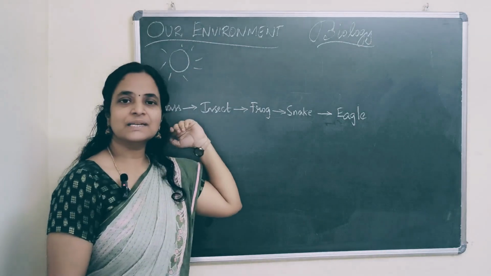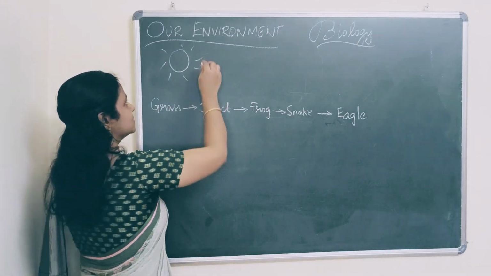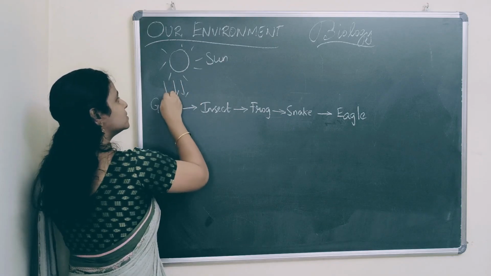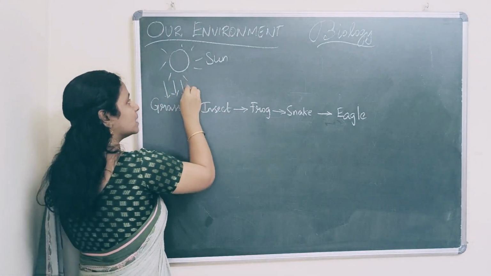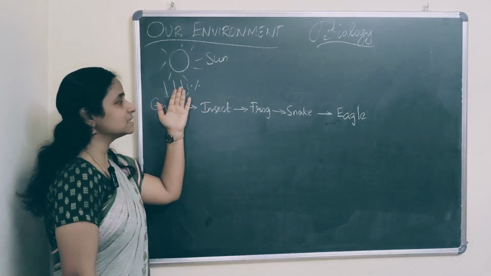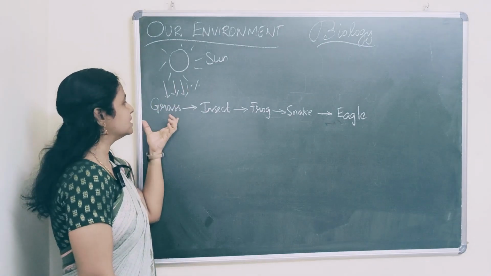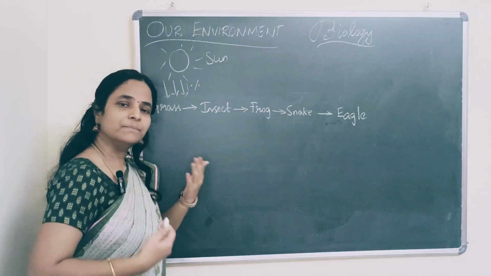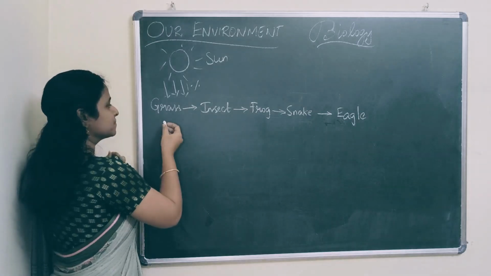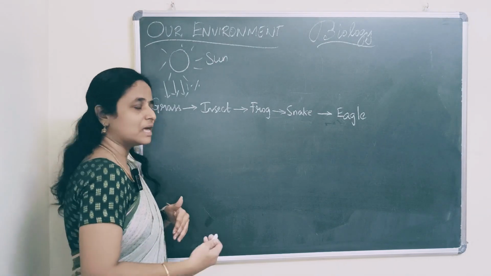Which is called the ultimate source of energy? Sun. So from the sun, the plants will take up only 1% of energy. Using this 1% of energy, the producers carry out all their life processes. So what will happen when it is doing all its life processes?